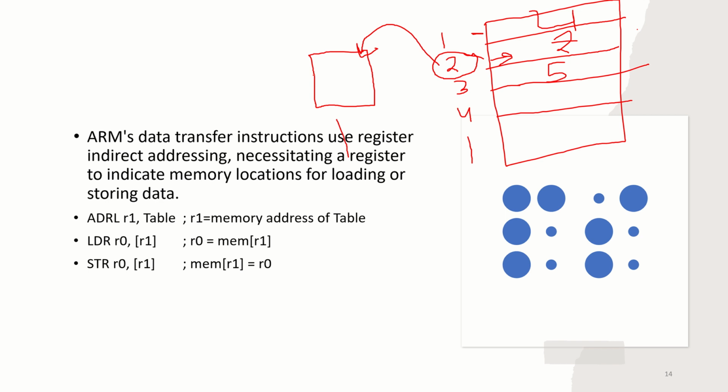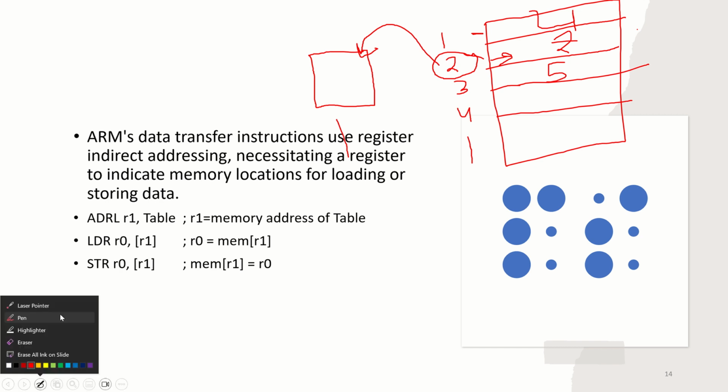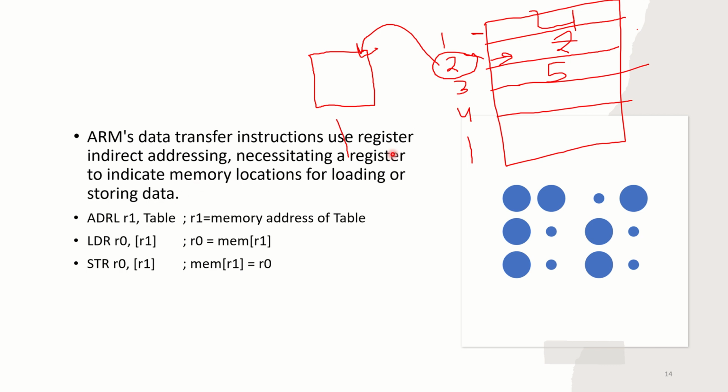That's what we mean by register indirect addressing in ARM. We are addressing indirectly using a register. The address is first stored into a register, and then afterwards we access it.